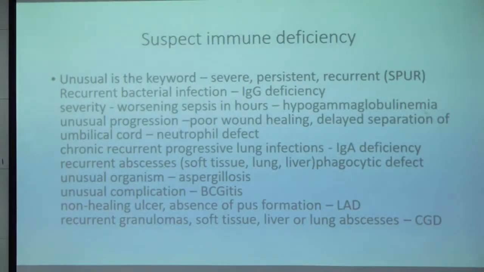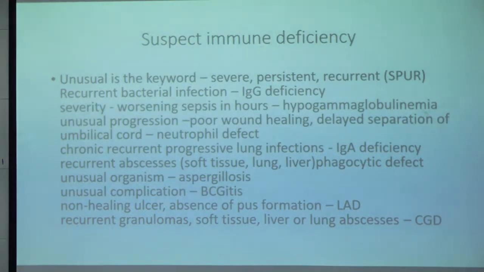Then you have, of course, recurrent abscesses, soft tissue, liver, lung, which is unusual. This could be certainly some kind of a phagocytic defect. If you hit an unusual organism that is not expected to be there, like an aspergillosis, an unusual complication to live vaccine, BCGitis, non-healing ulcer.